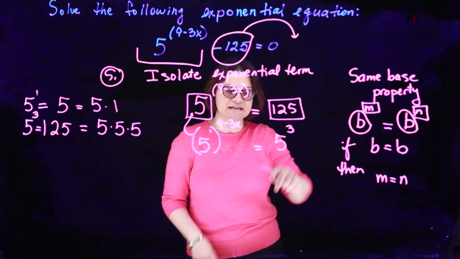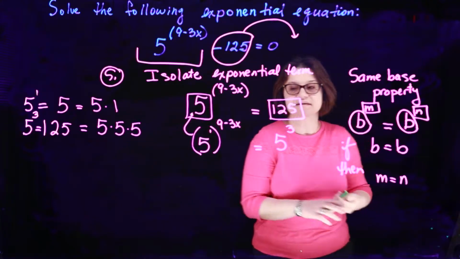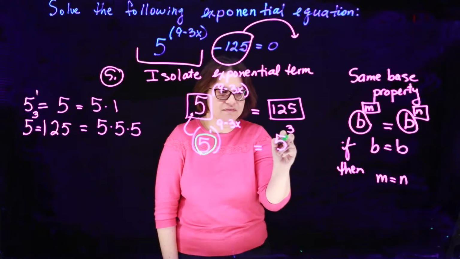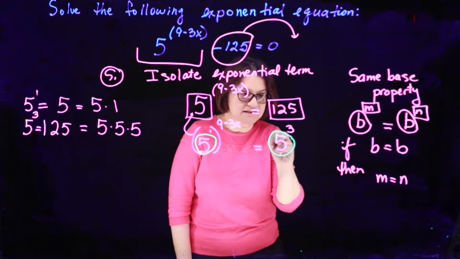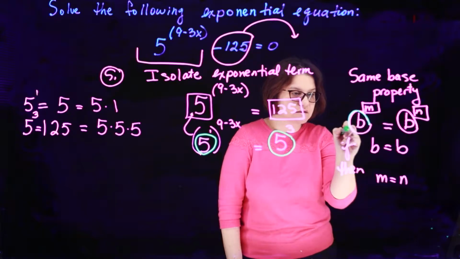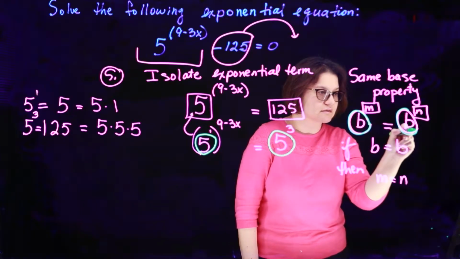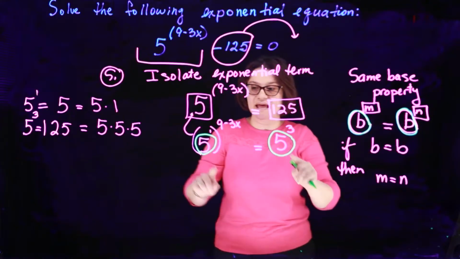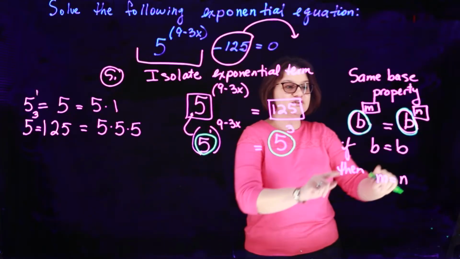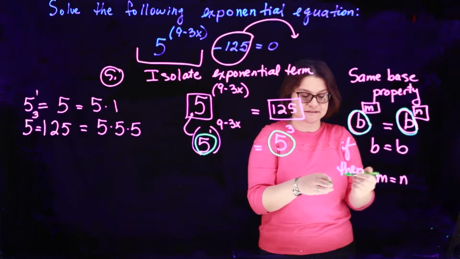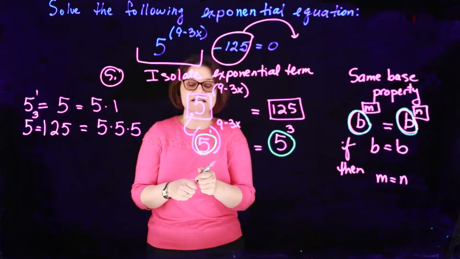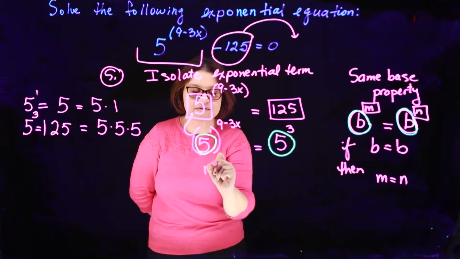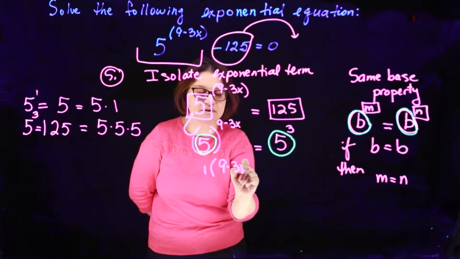We simply rewrote the problem. But the reason we did this is that now our base 5 and this base 5 are exactly the same, as the property tells us. Now we can use the property. If bases are the same, and now our bases are the same, that means we can equalize our exponents. We'll have 1 times 9 minus 3x equals 3.